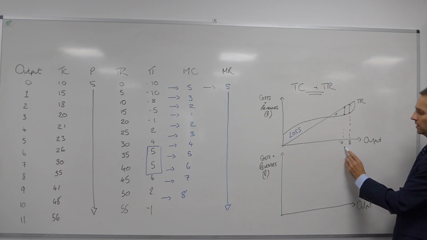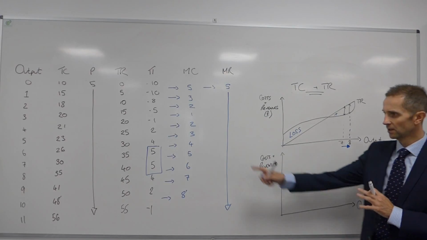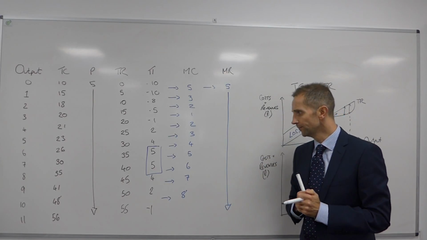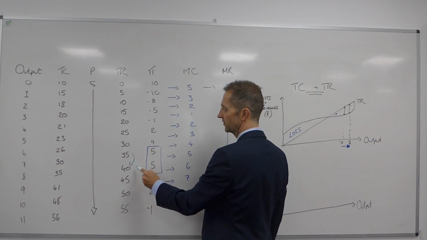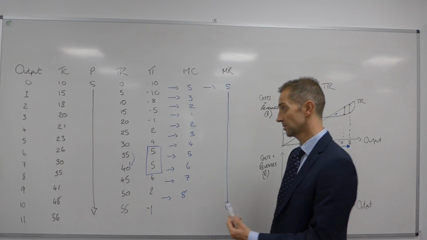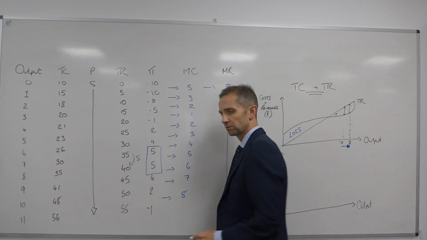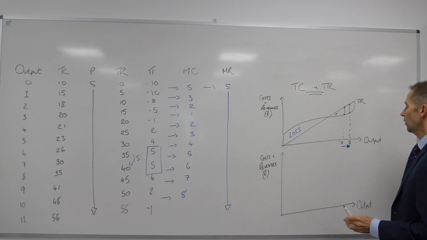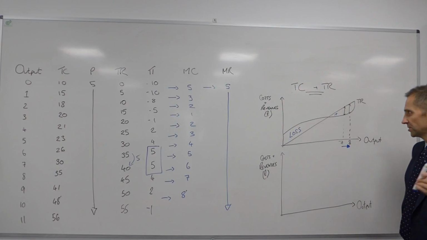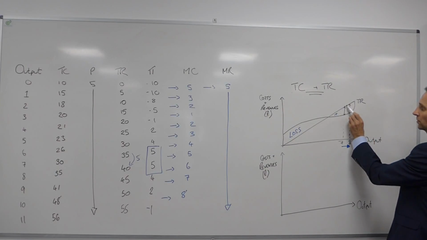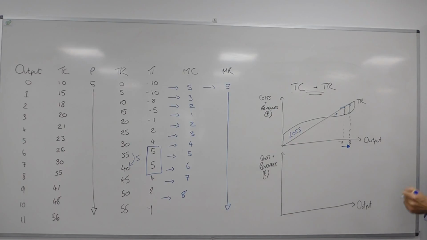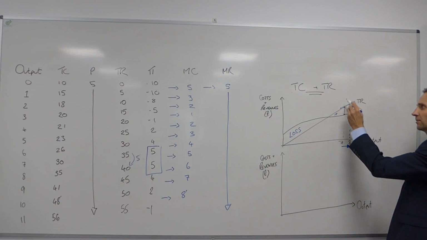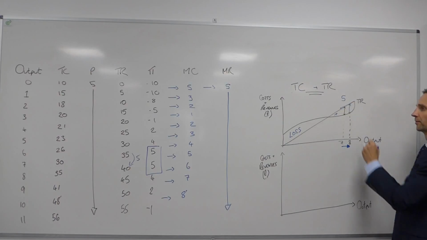When we move from 7 units of output to 8 units of output, 7 to 8 on the table, total revenue goes from 35 to 40. So that is obviously an increase of 5 in your total revenue. Or another way to think about that, ladies and gentlemen, would be that if you took the gradient of the line tangential to that point, you would find also that the gradient of that line was equal to 5.